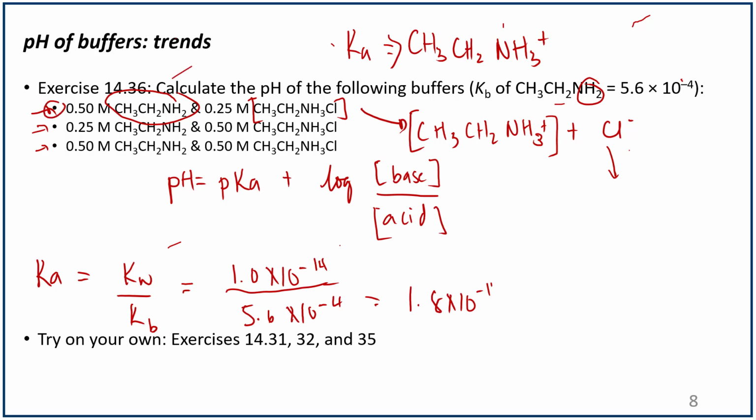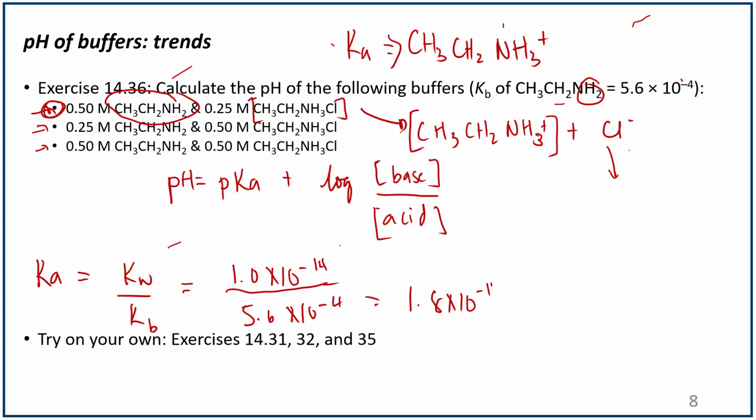Okay, let's work on the first example. We have now just calculated the Ka of ethyl ammonium ion. Let's go back, and one thing, this is actually negative 11, by the way.